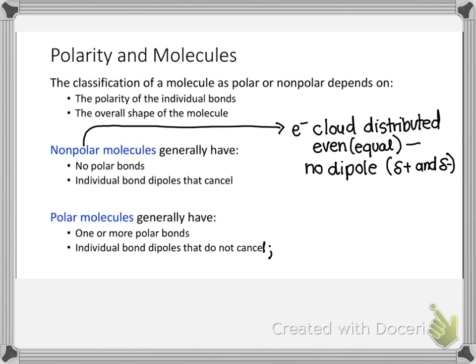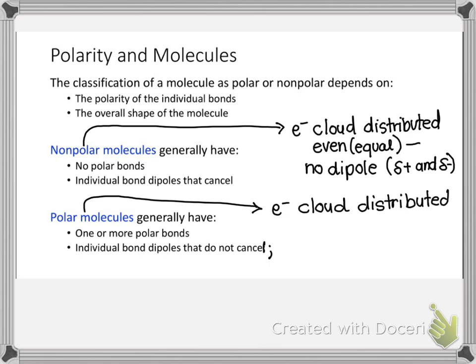Polar, just like in bonds, means that something's unequal or uneven. In this case, because of the bonds' different electronegativities and polarities, as well as the orientation of the electrons and bonds around the atom, the electron cloud is distributed unevenly, or you can think of unequally.